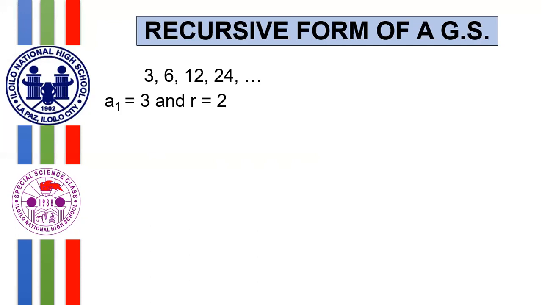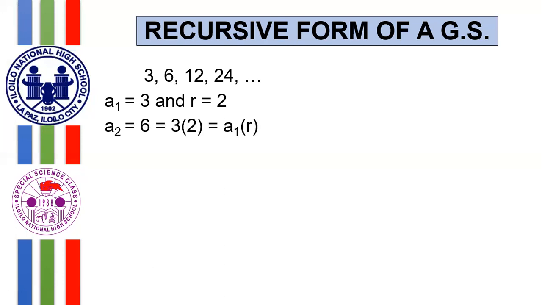The first term is 3, and the common ratio is 2. 6 divided by 3 is 2. 12 divided by 6 is 2. 24 divided by 12 is also 2. Or you could also say 3 times 2 is 6. 6 times 2 is 12. 12 times 2 is 24, and so on.